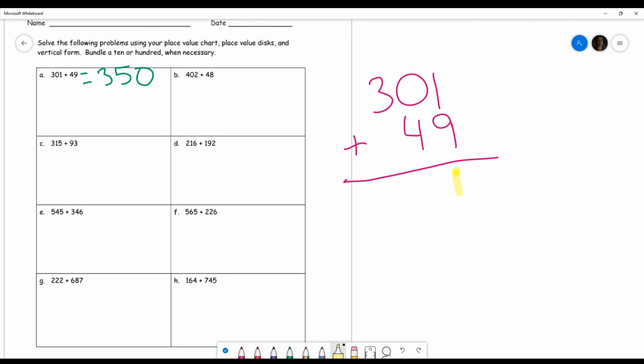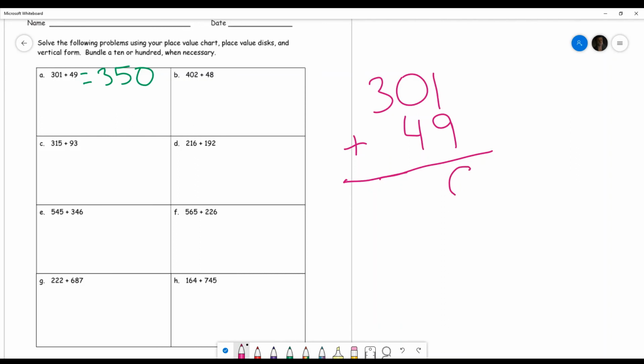But we do not write 10 like this, right? Because we have to take our 10 ones, because there's no such thing as 10 ones, and add it to the 10 spot. So we would do that.